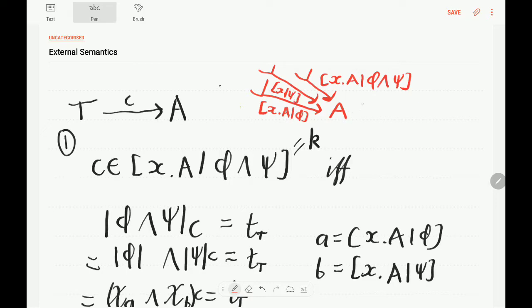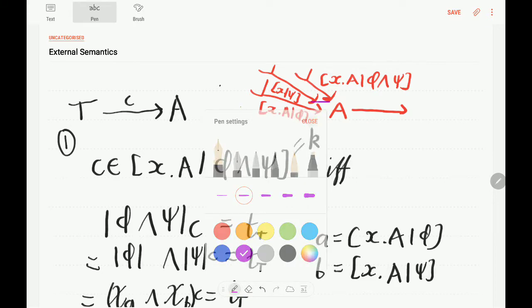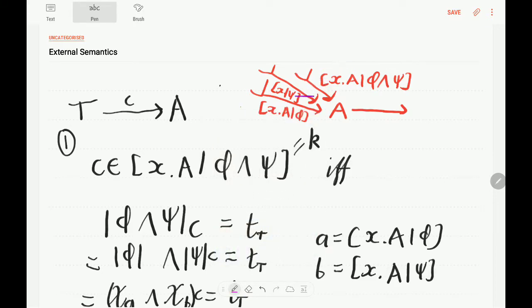And so they're going to have their subobjects classified by different things. For example, if we call this one B and we'll call this one A, then there's going to be a classifying arrow, chi of A, from that into omega.